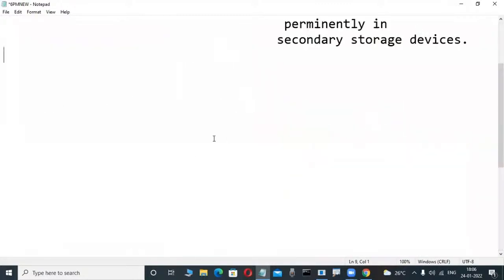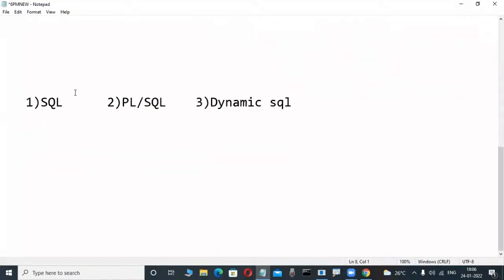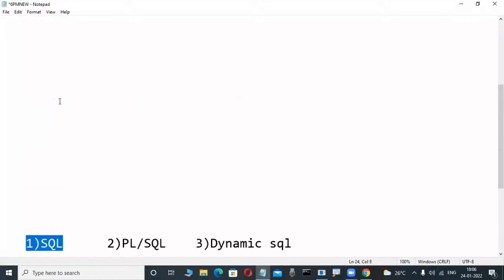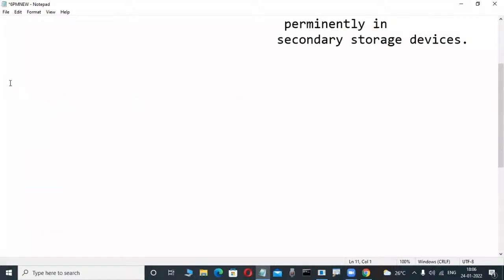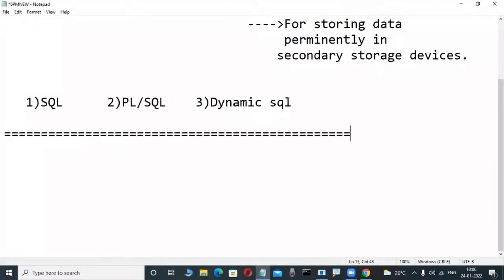These databases, Oracle, SQL Server, DB2, Sybase, MySQL, are all implemented based on the relational data model concept. For operating those products, we use SQL. But for the Oracle database product, if you want to operate it, we use three languages. One is SQL, another is PLSQL, another is dynamic SQL. Up to this, we learned in previous classes.